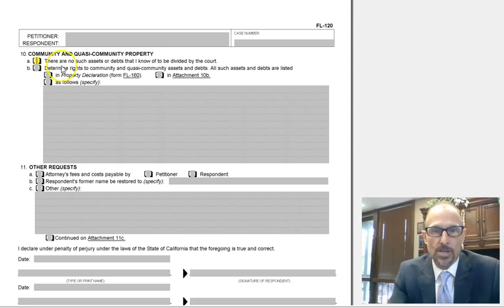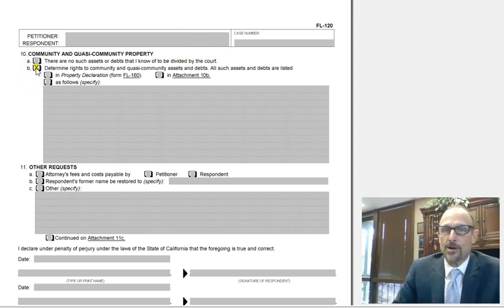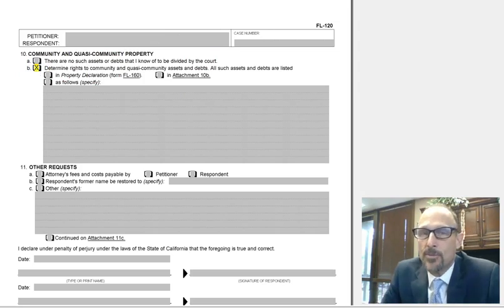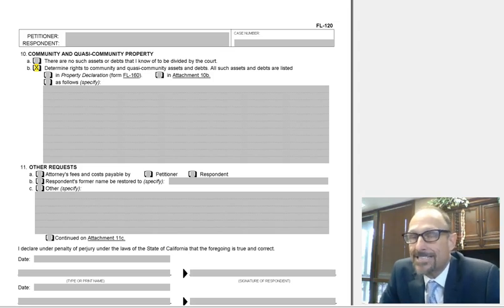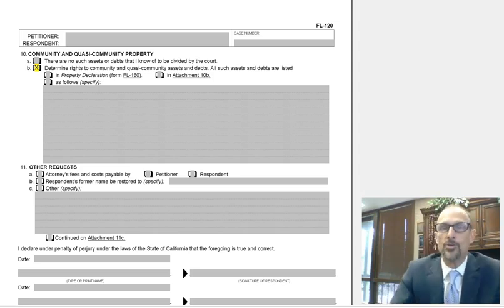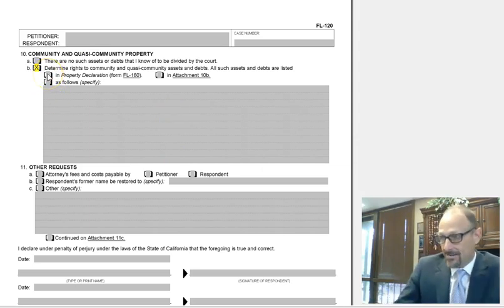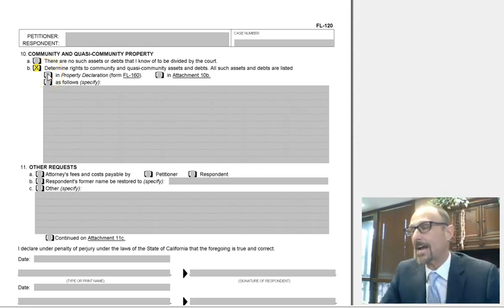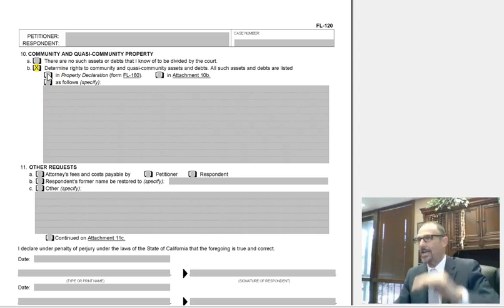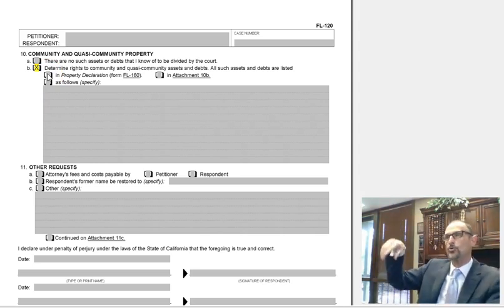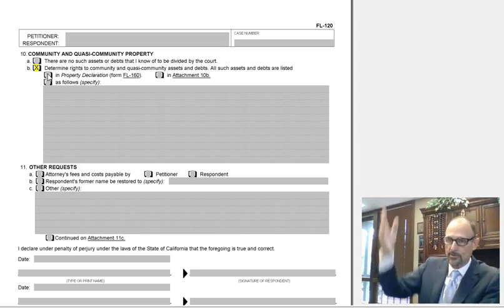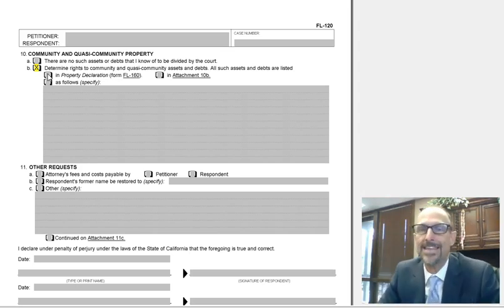So it's much more likely that you're going to mark B, which says determine rights to community and quasi-community assets and debts. All such assets and debts are listed, and then you can either fill out an FL-160 form, which is a property declaration that has the item on the left and then the values and who, and there's a petitioner column and a respondent column, and you can put the item of value in that column.